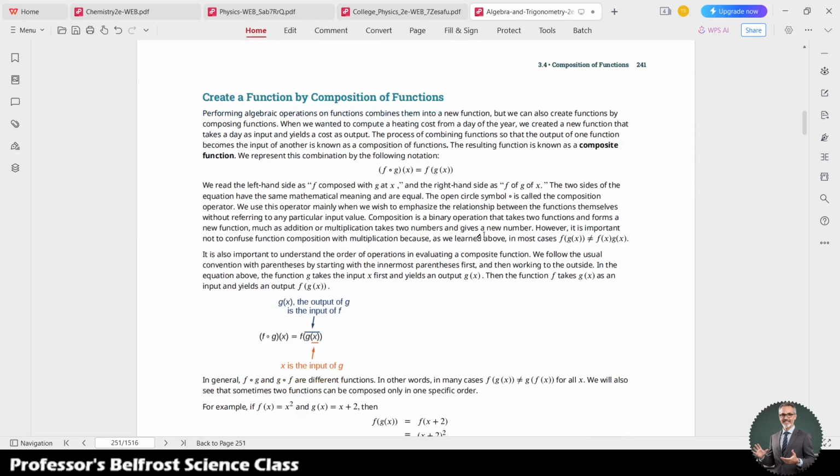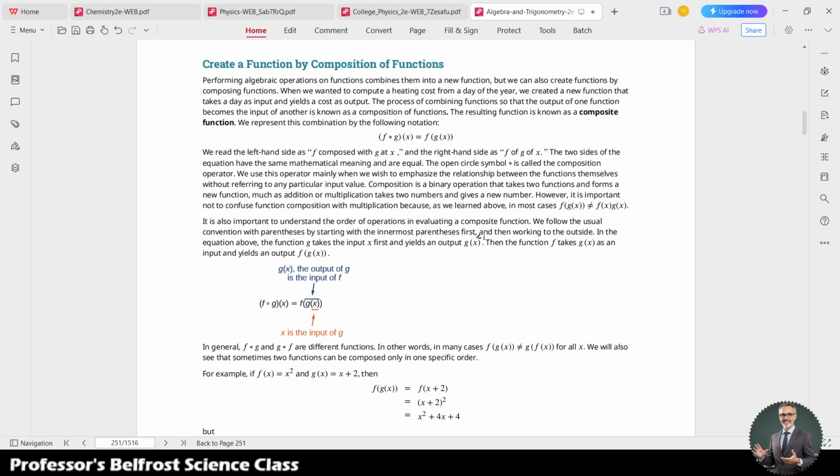Next, we create a function by composition of functions. The process of combining functions so that the output of one function becomes the input of another is known as a composition of functions, and the resulting function is known as a composite function. And you can combine these two functions by the following notation. I always say this is a dot. I don't know how you say it, but I always say dot.